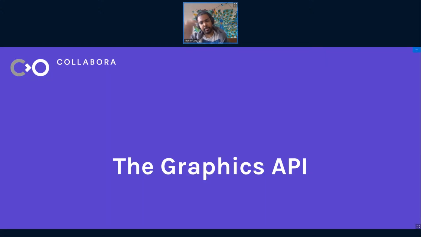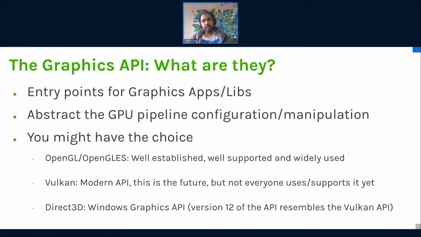So what exactly does the graphics API give you? A graphics API is an entry point for graphics applications and libraries. It allows for abstraction of the GPU pipeline configuration and manipulation. Part of this pipeline is programmable, and part of this pipeline is configurable. And you have the choice of either OpenGL or Vulkan in the Linux ecosystem.